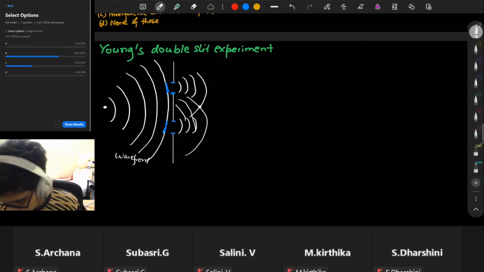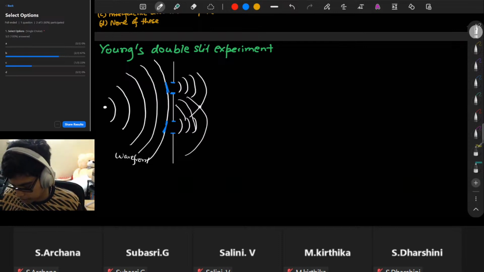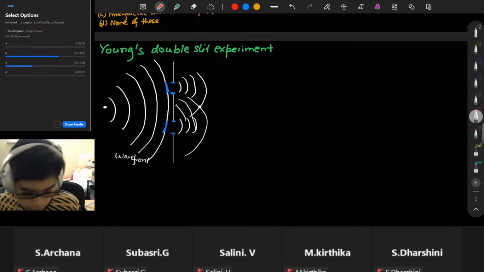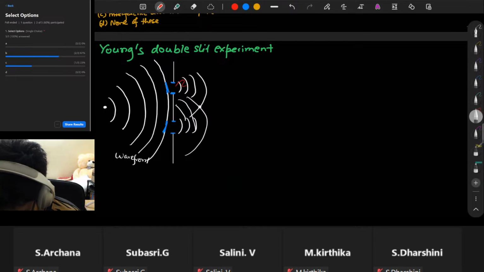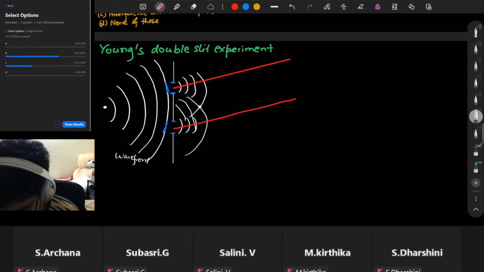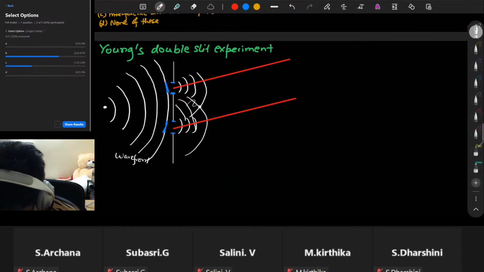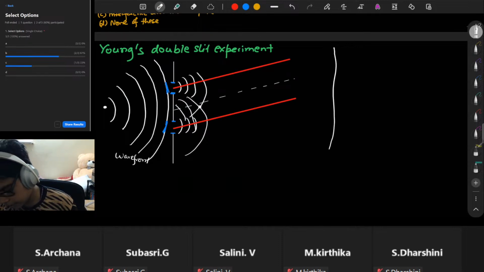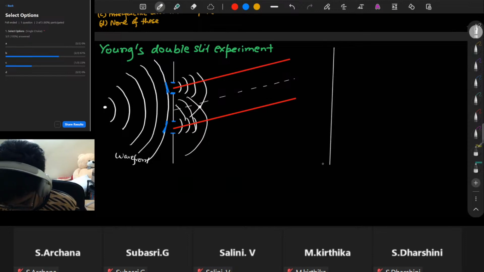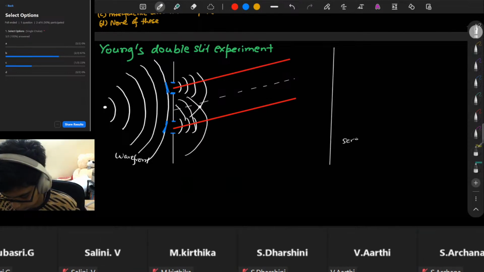Since we are revising it, let us revise the position of constructive and destructive maxima and minima respectively. So let's say these are the rays coming, and this is from the center. These rays will meet at a screen which is placed at infinity. This is the screen.